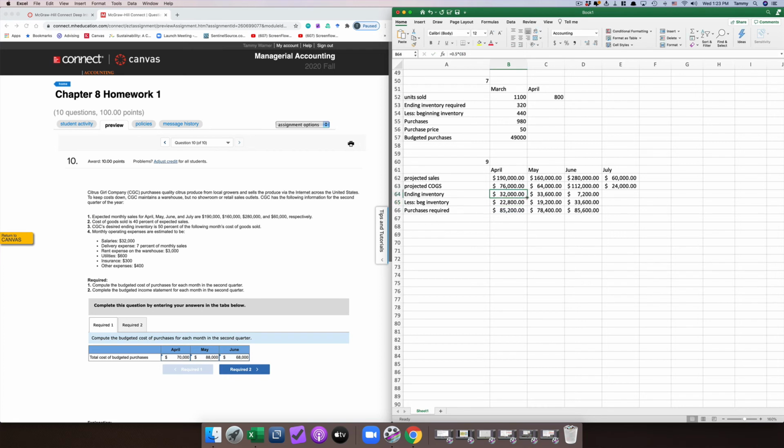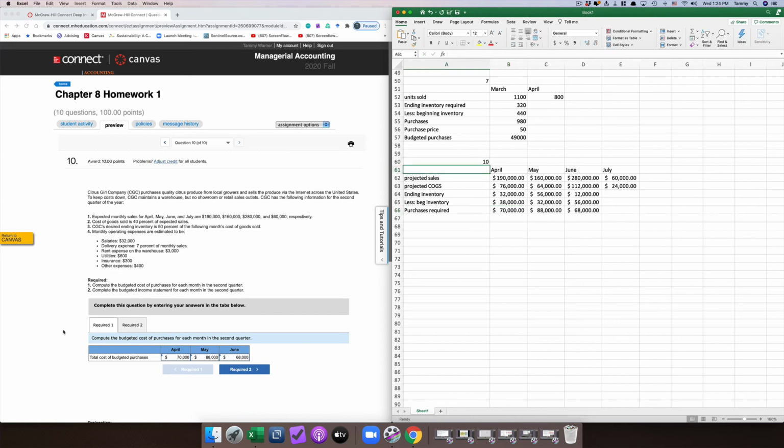So our ending inventory is 50% times the next month's cost of goods sold. Our beginning inventory, therefore, is 50% times this month's cost of goods sold. Right? And now this purchases required turns out to be correct, right? So it just recalculates for us. So that's nice. That makes life a little easier. We can turn this number 9 into a 10.